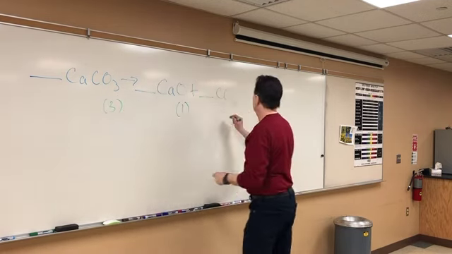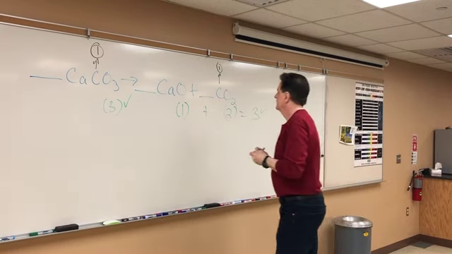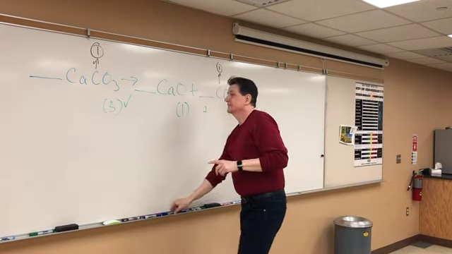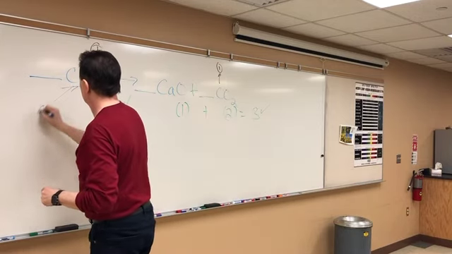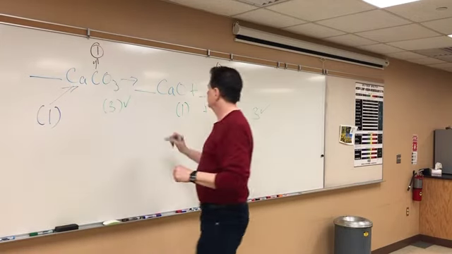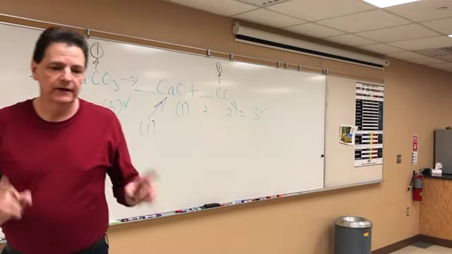I've got 1 carbon here, and I've got 1 carbon here. Carbon is good, and the only element left is calcium, and I have 1 calcium here, and I have 1 calcium there. That reaction is balanced. There was no need to put coefficients anywhere.